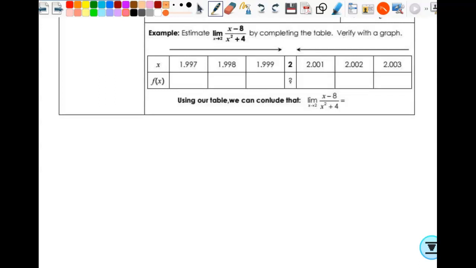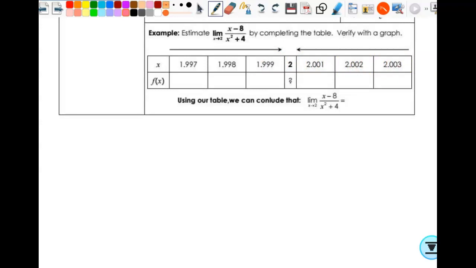Looks like I lost my piece of paper that has my numbers on it. All right, so if I want to estimate the limit as x approaches 2 of this function here, I'm going to pick some numbers that are a little less than 2 and a little tiny bit greater than 2. In the video, he only did a little bit less, but you really have to go from both directions.